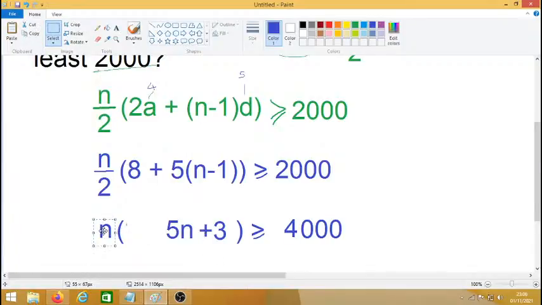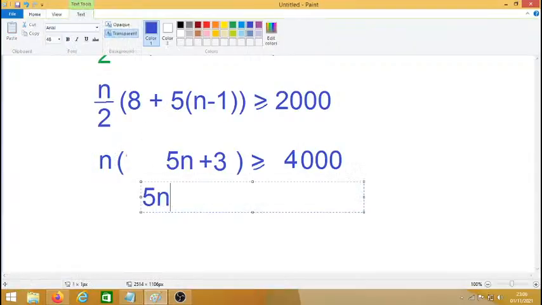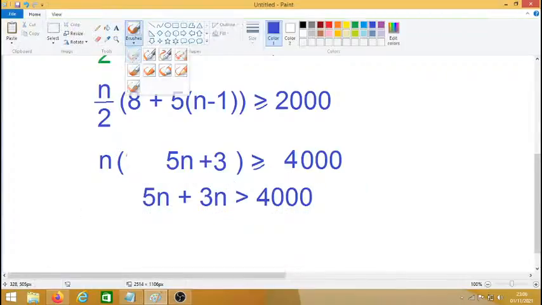So 5n plus the 3 in the brackets multiplying by the n, so that becomes 5n squared plus 3n, has to be bigger than or equal to 4,000.